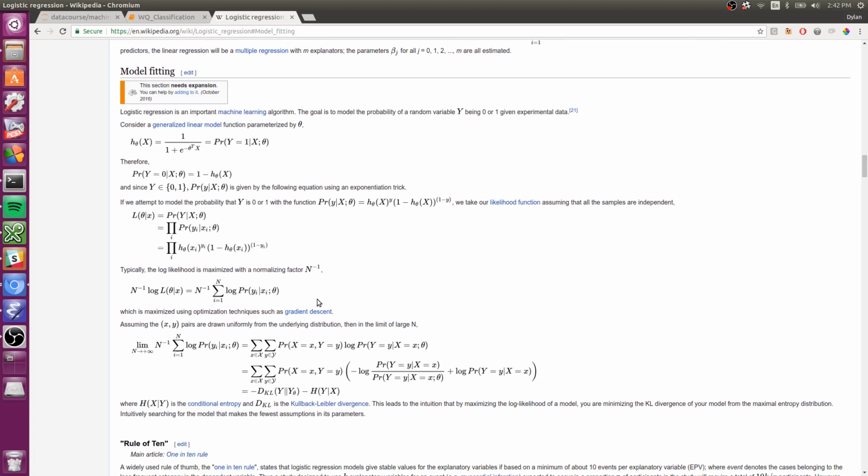So this is a case where we commonly use gradient descent.